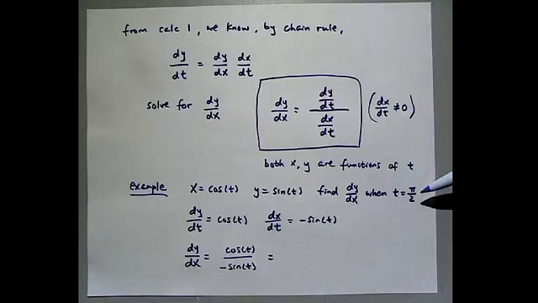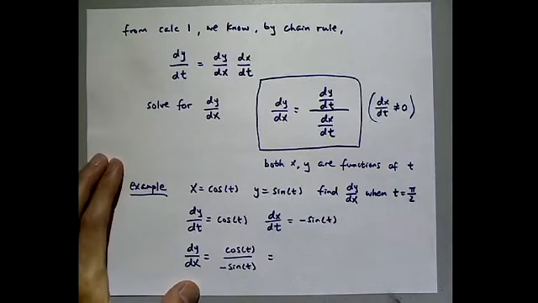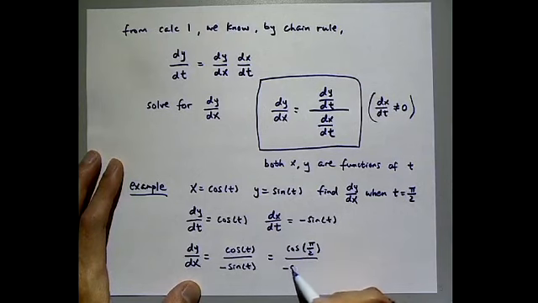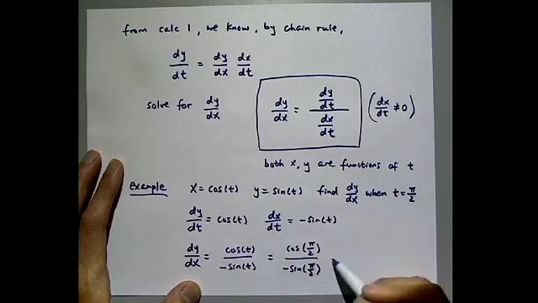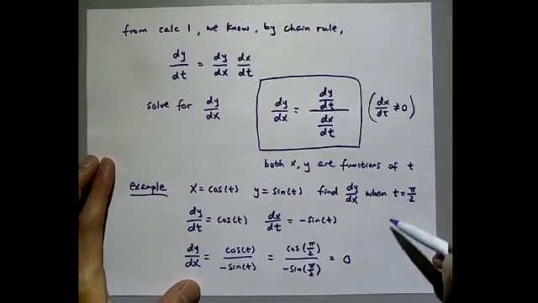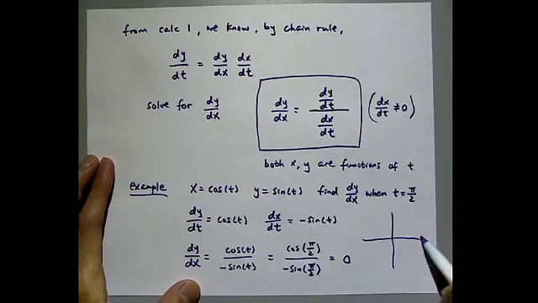Then we'll look at what happens at pi over 2. And we get 0, right? And that makes sense, because what are we looking for?